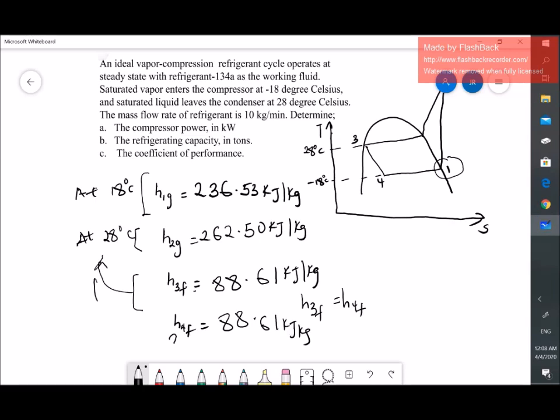Now these are the values that you will need to solve the questions. But remember that you were given a mass flow rate of 10 kilogram per minute. All right. Now we can solve by finding the compressor power in kilowatts.